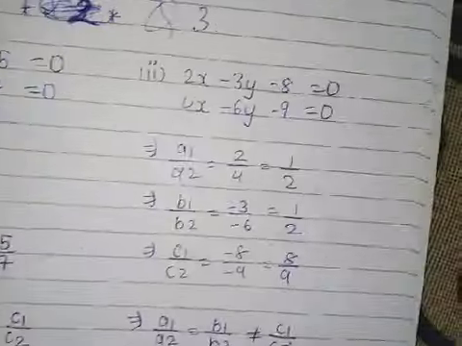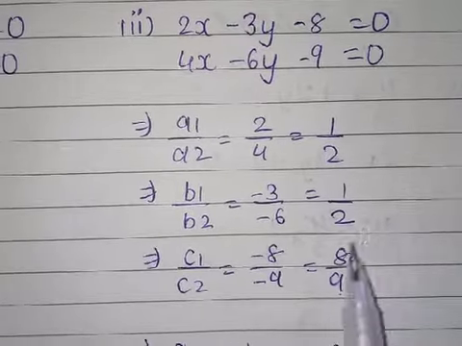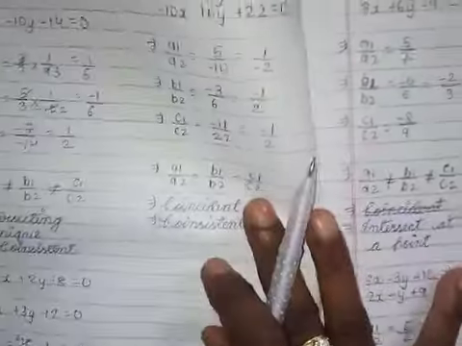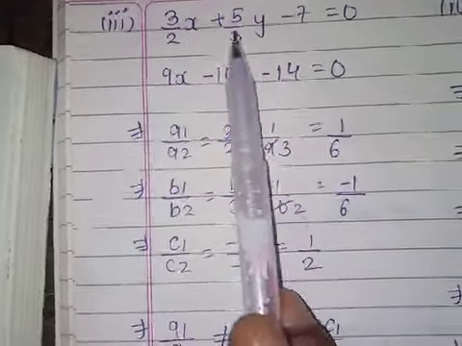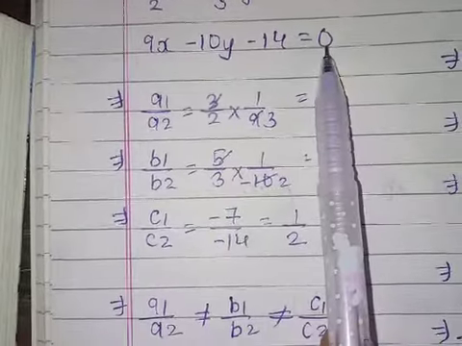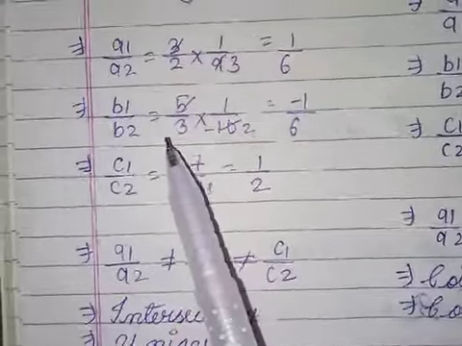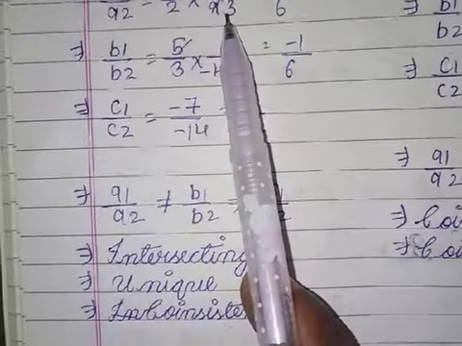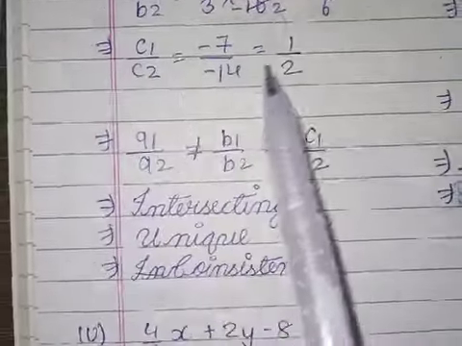In this case, A1 upon A2 is equal to B1 upon B2 but not equal to C1 upon C2, so the lines are parallel, so it is inconsistent. Third one: if we compare A1 upon A2 by taking the LCM and solving, we get 3 by 2, and 1 by 9, so 1 by 6, and B1 upon B2 is minus 1 by 6, C1 upon C2 is 1 by 2.